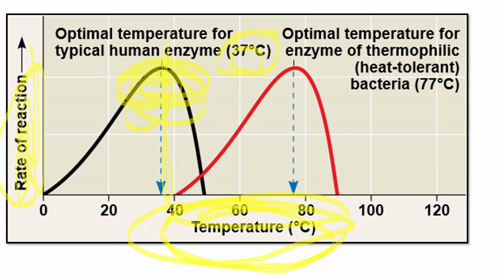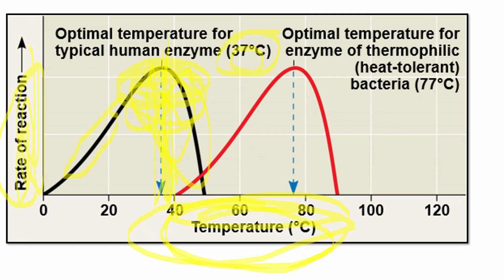So you can see here that the activity for human enzymes drops off rapidly at about 40 degrees. At 45 or 50 degrees, you can't live very long because the enzymes in your body begin to denature at that temperature. But lower than 37, they slow down, but not dramatically. Above 37, the enzymes will start to denature.